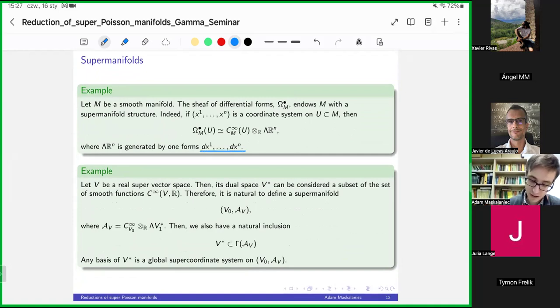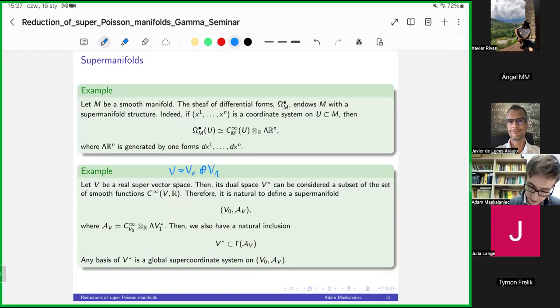So it is exactly the local model we wanted. And moreover, as I announced, if we are given a supervector space, namely a vector space that admits a canonical decomposition into a direct sum, then we may endow this vector space with the structure of a supermanifold.